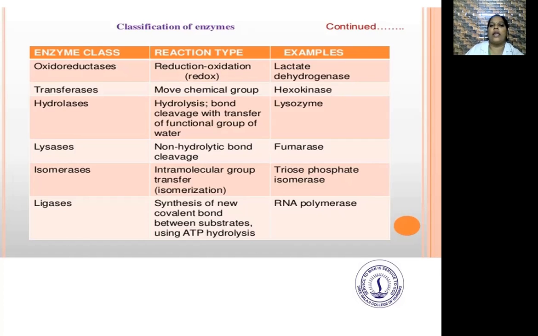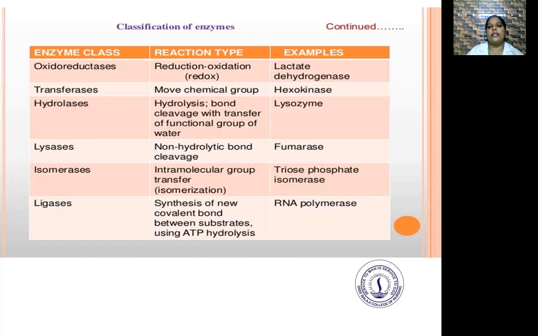The reaction type is moving a chemical group, and the example is hexokinase. Hydrolases: the reaction type is hydrolysis, bond cleavage with transfer of functional group to water. Example is lysozyme.